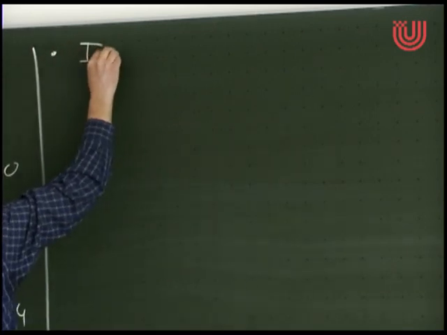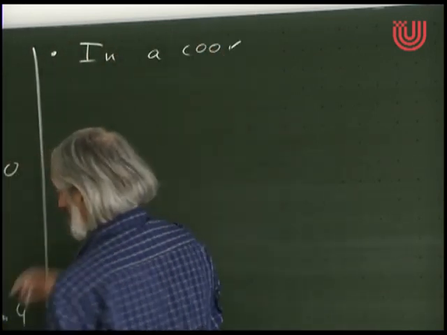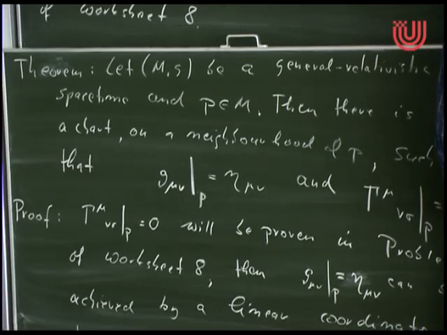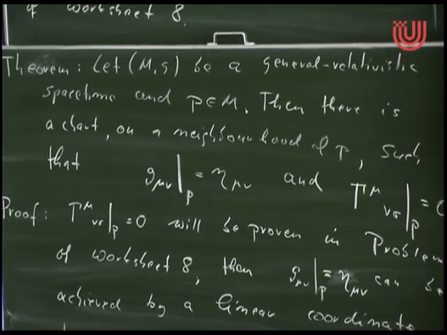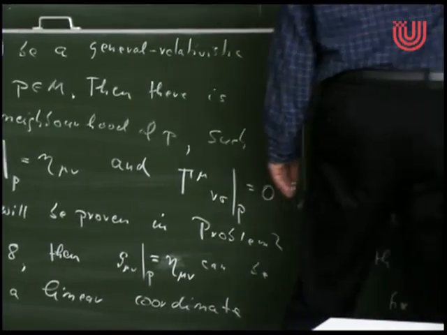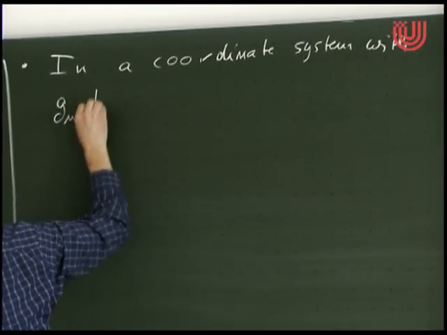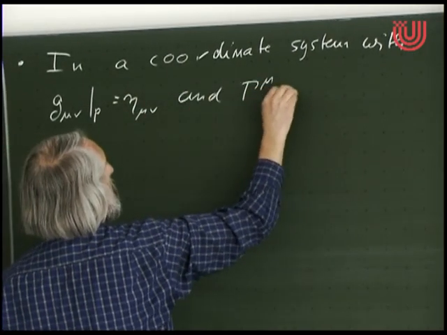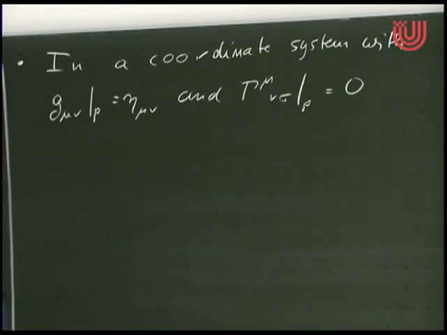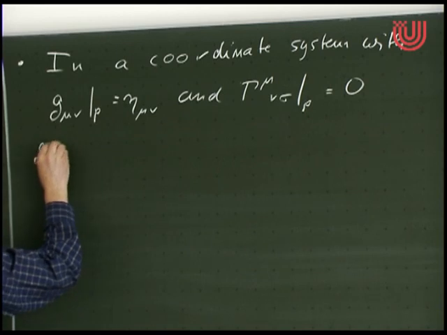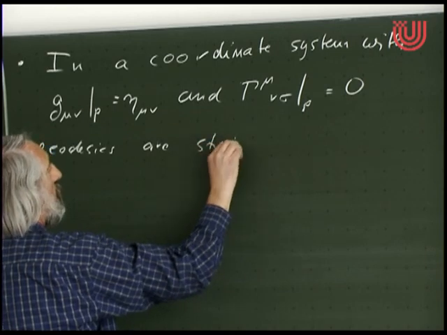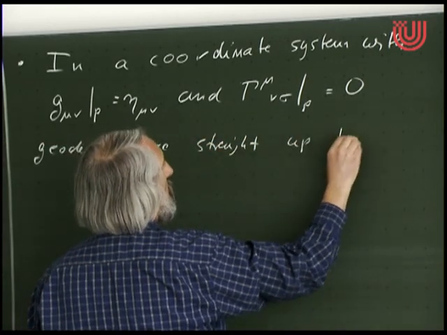So the claim is, in a coordinate system with these properties, which we have established exist, with g mu nu at P equal to eta mu nu, and gamma mu nu sigma at P equal to 0, my claim is geodesics are straight up to second order.